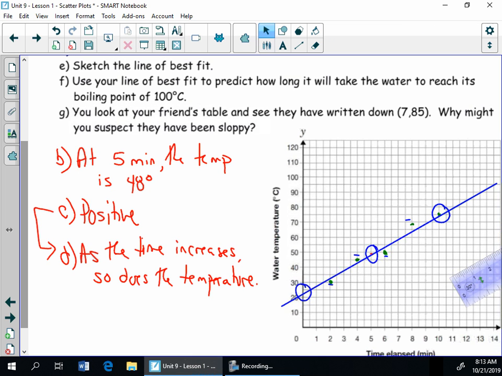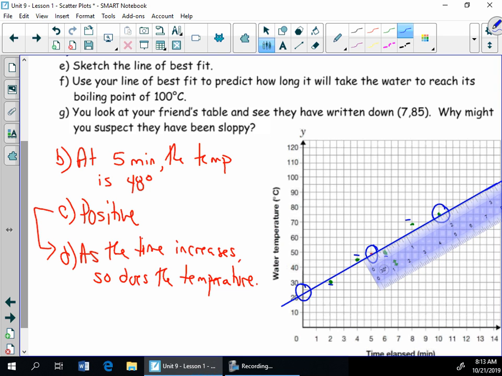All right. And using your line of best fit, predict how long it will take the water to reach its boiling point of 100 degrees Celsius. So, with my ruler, I actually need to maybe extend my line just a little bit to make sure I hit 100 degrees. 100 degrees is way up here at the top, right? Okay, so how do I do this?